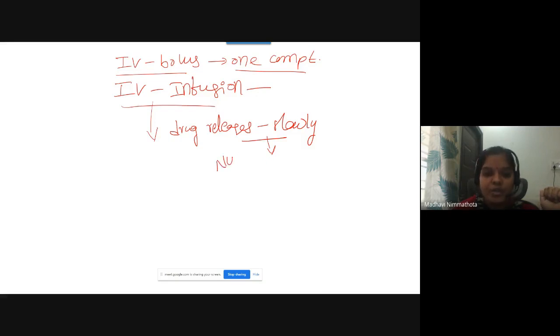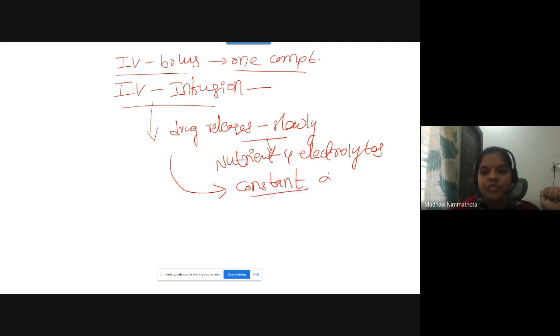Most of the nutrients and electrolytes may be supplied through this IV infusion. You can assume how we take nutrients and how we take electrolytes. With IV infusion, the drug release will be very slow, that means constant drug release.